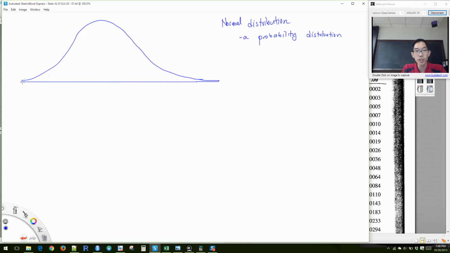Okay, if we shade everything underneath the hill, everything shaded equals 100% or 1.0.